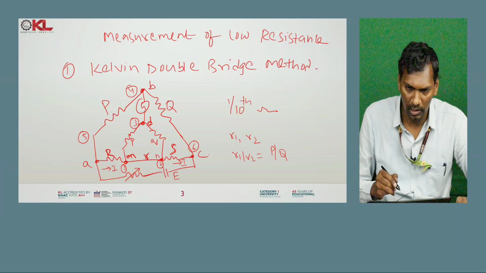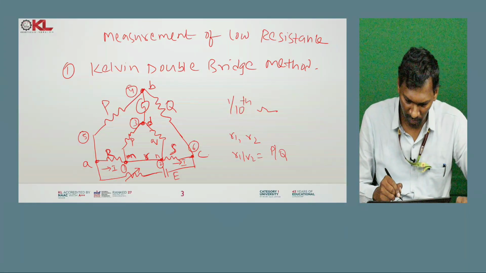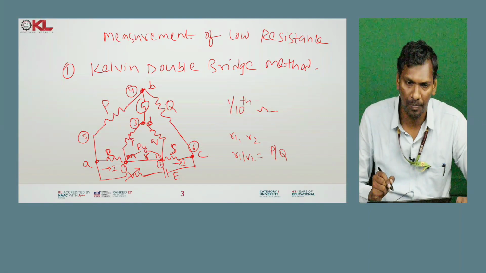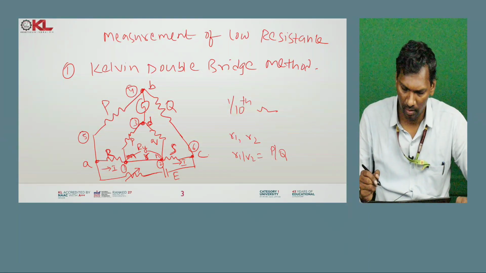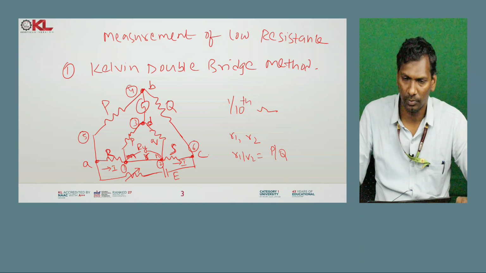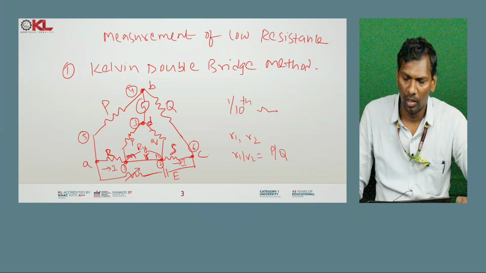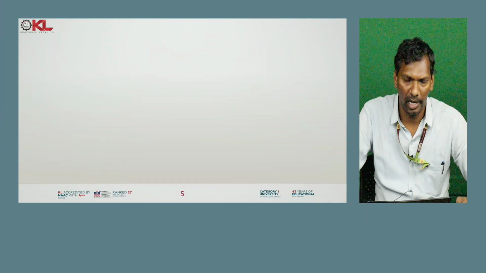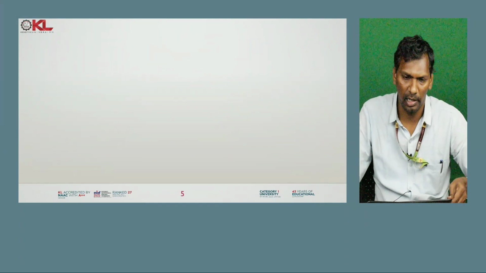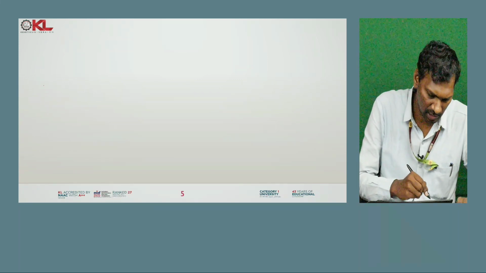And now let us consider the resistance between these two terminals is Ry, or otherwise it may be remodified into another circuit like this. Let us consider this circuit.